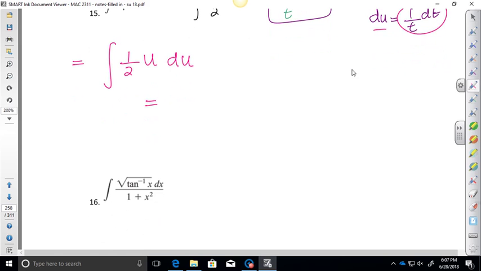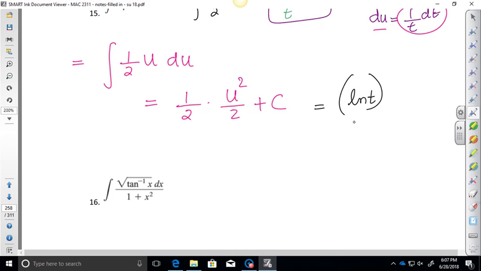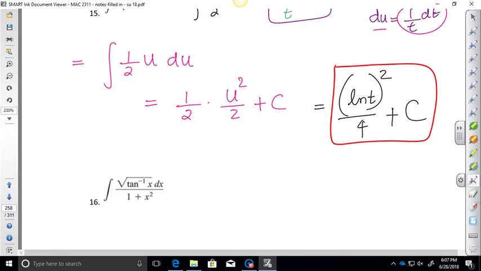We have to have u and du the same. You cannot have u and dt. What's the integral? U squared over 2, which is ln of t squared divided by 4 plus c.